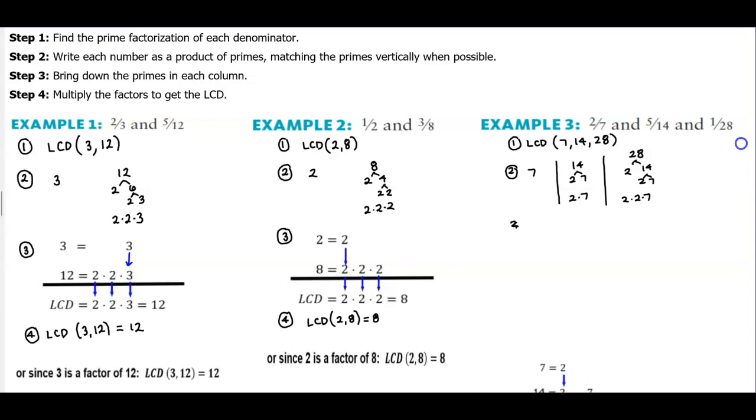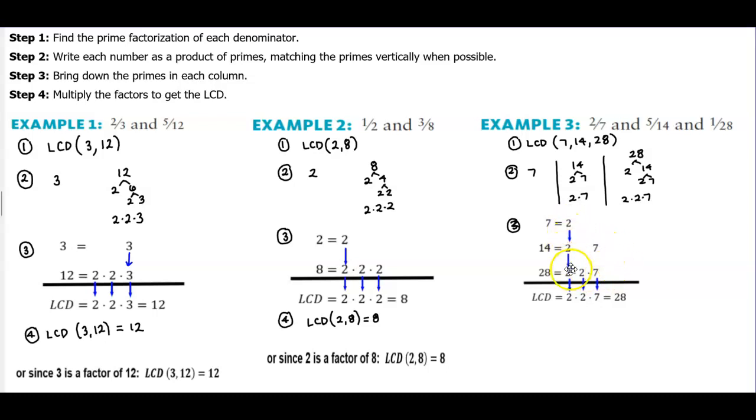So now take a look at what this looks like when we write this in a vertical format. So we have 7, 14, 28. The prime factorization of 7 is 7. The prime factorization of 14 is 2 times 7. And the prime factorization of 28 is 2 times 2 times 7.